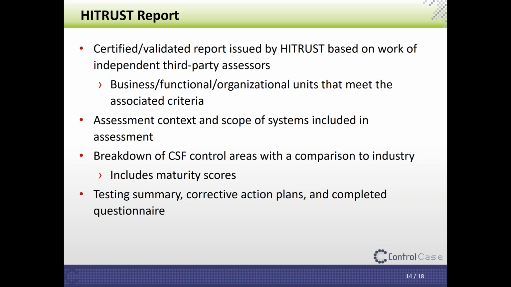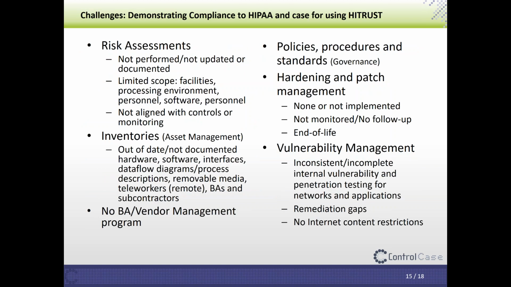There are various other tools that come with it, including the maturity scores and so forth, so companies can gauge how they rank against someone else in the industry. And then, of course, as part of that, final reports, corrective action plans, and so forth are delivered.